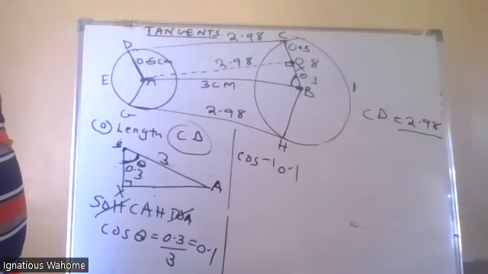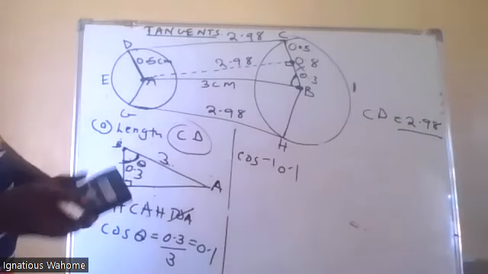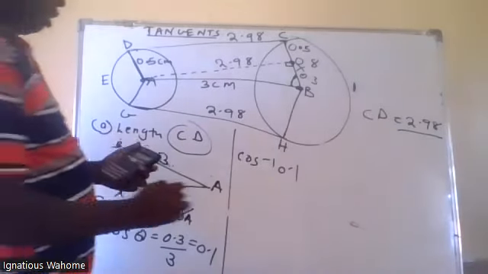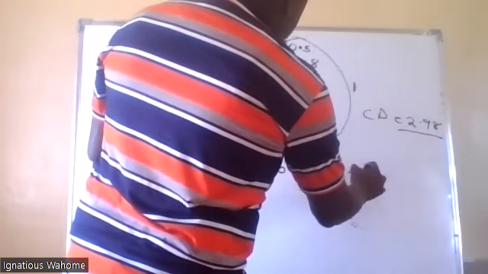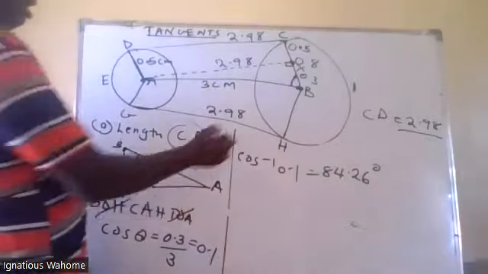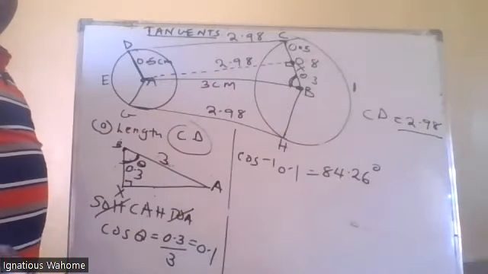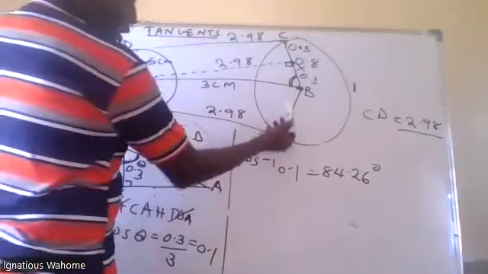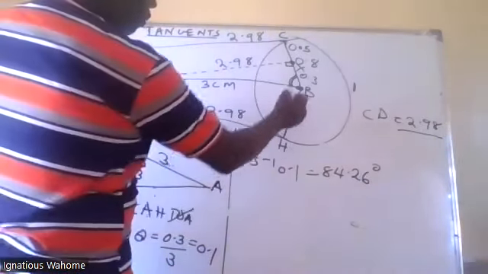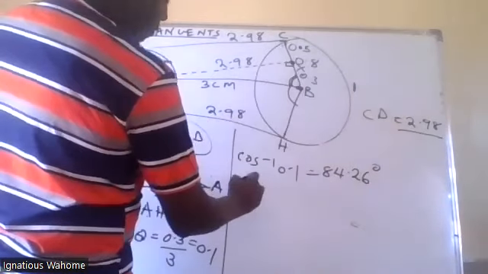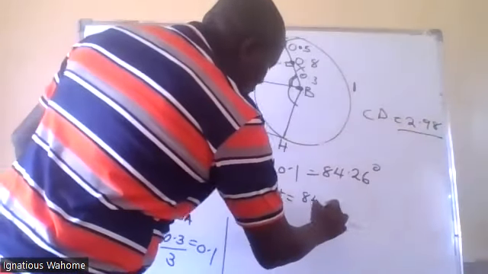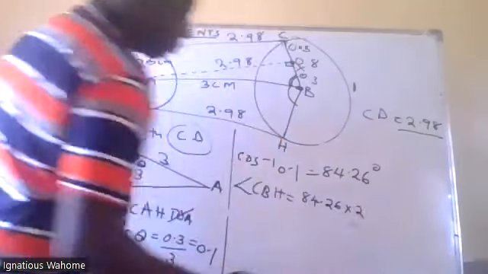Cos inverse of 0.1. Shift cos 0.1. You get 84.26 degrees. So this is the size of this angle. Then the size of the whole angle, angle CBH, will be equal to 84.26 times 2.